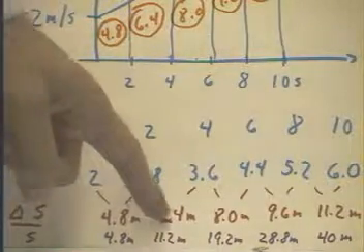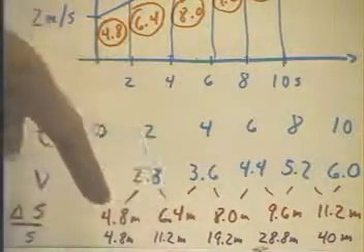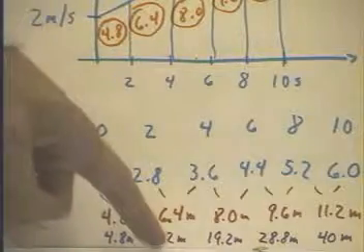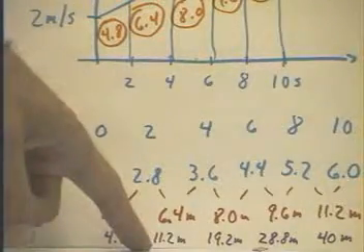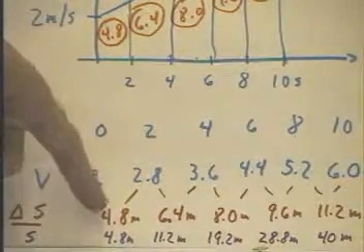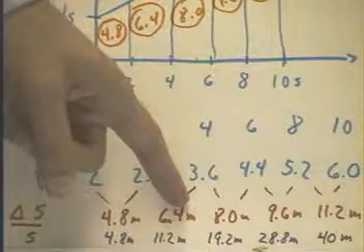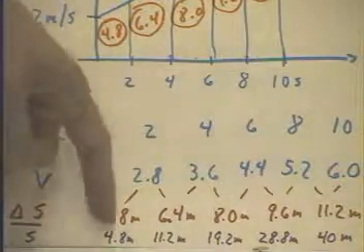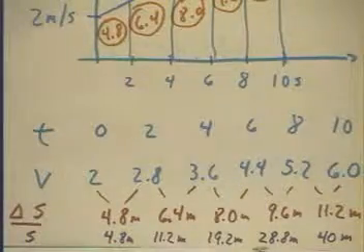If over the next 2-second interval we have a displacement of 6.4 meters, then we're going to have a position of 11.2 meters, adding our two displacements, 4.8 meters and 6.4 meters. And this is going to continue until we get the 40-meter displacement at the end.